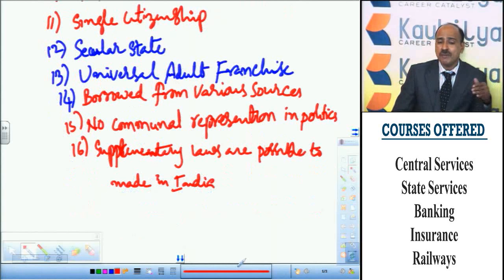Whenever we require any supplementary law, we can make it and also implement it. For example, the Nirbhaya Act is a supplementary law. It is not mentioned in the Constitution. The Domestic Violence Prohibition Act is also a supplementary law.